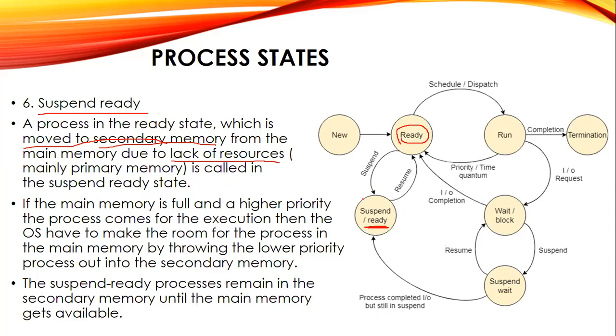Okay, so in the suspend ready situation, the processes are in secondary memory here. Let me read. If the main memory is full and a higher priority process comes for execution, then the operating system has to make room for the process in the main memory by throwing the lower priority process out into the secondary memory.